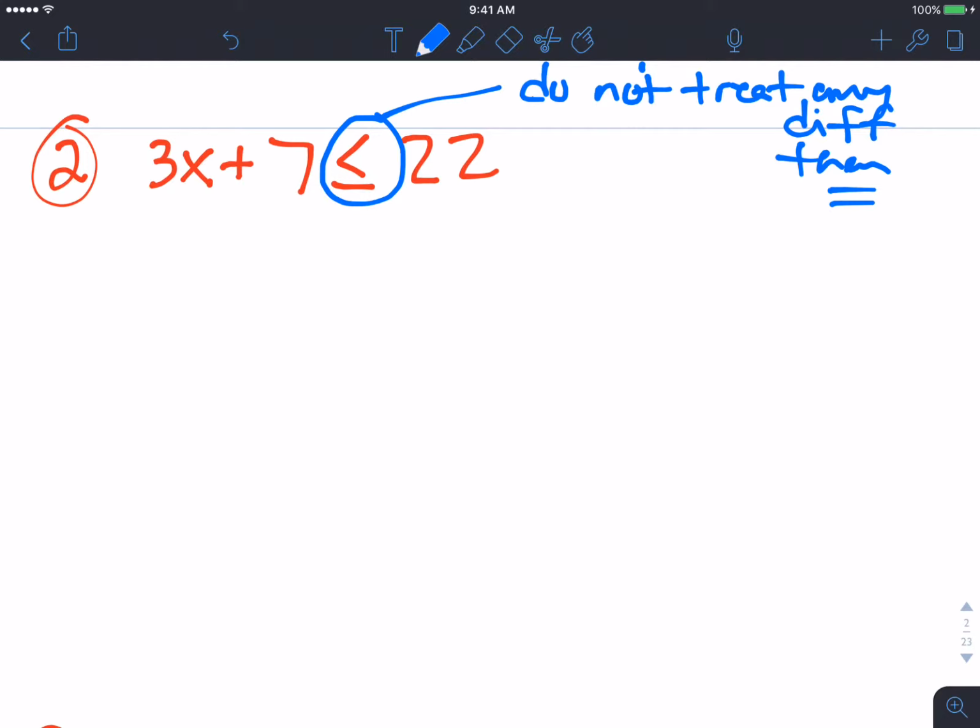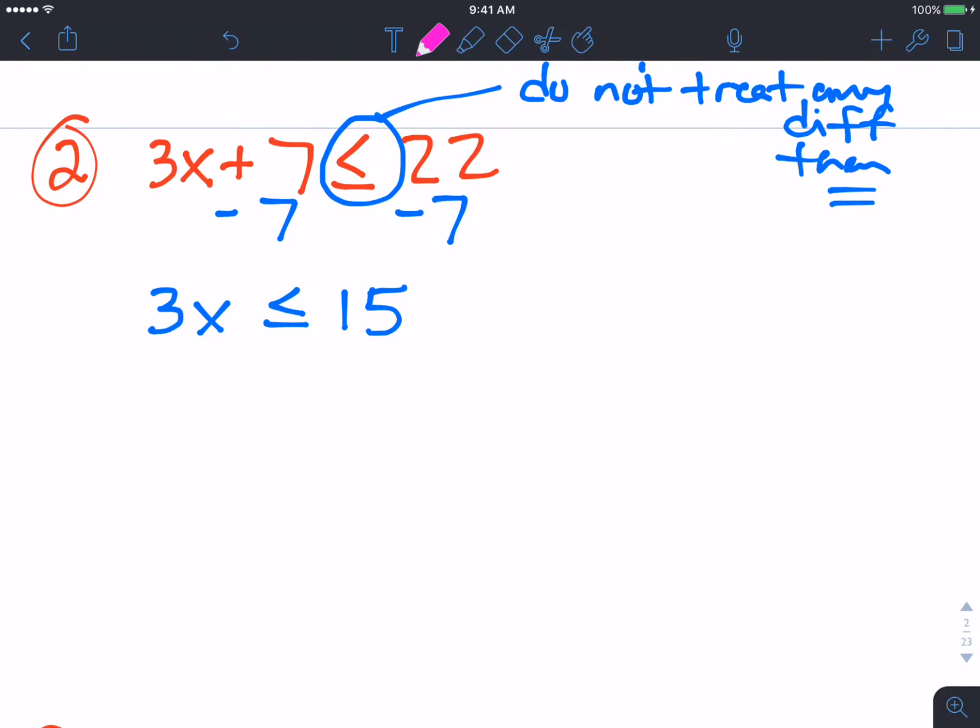So we have to get x all by itself. So what's your first step here? Get rid of addition or subtraction. And I see you got a positive 7. So I subtract 7 from both sides. And I get 3x is less than or equal to 15.